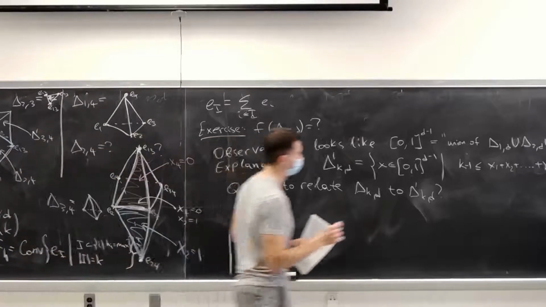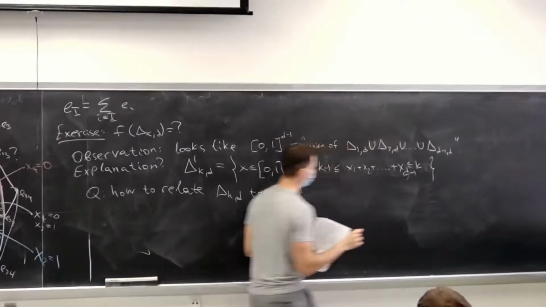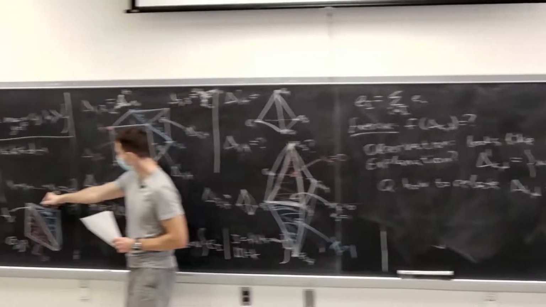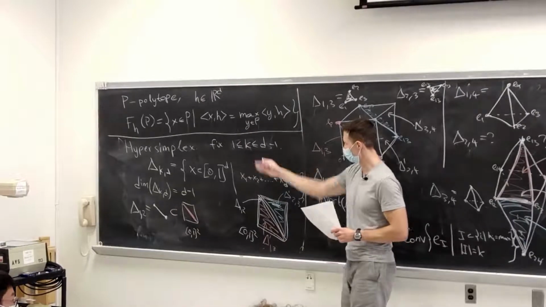Oh, okay. By the way, this should be d minus 1. Yeah, that's actually a good idea. So you're saying inside the hypersimplex, I have one extra variable, which we know is between 0 and 1.